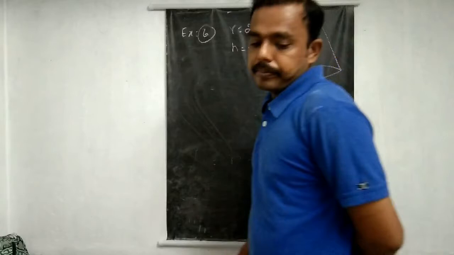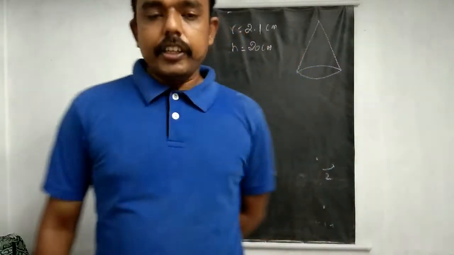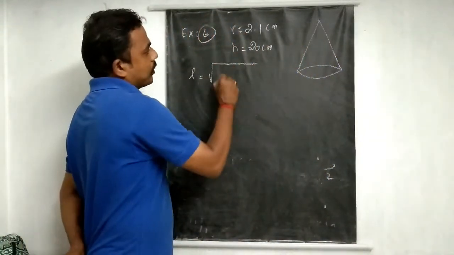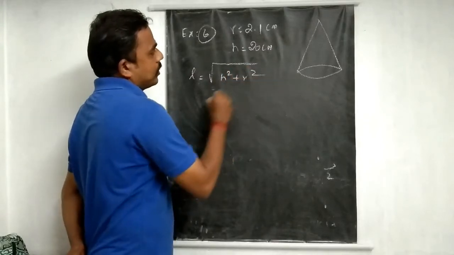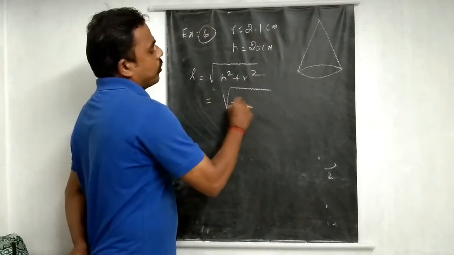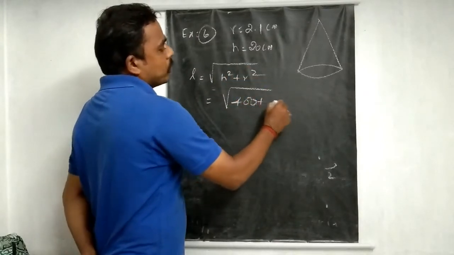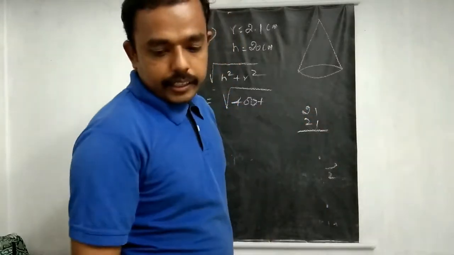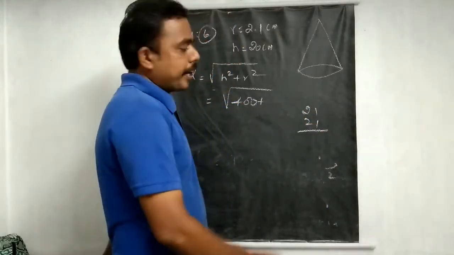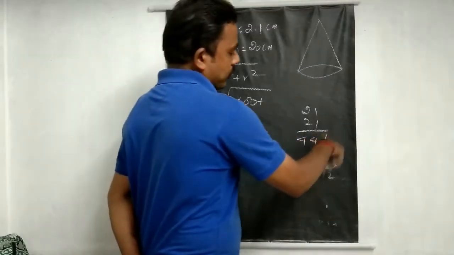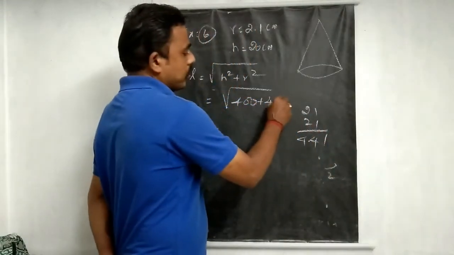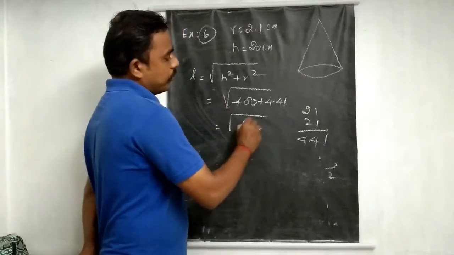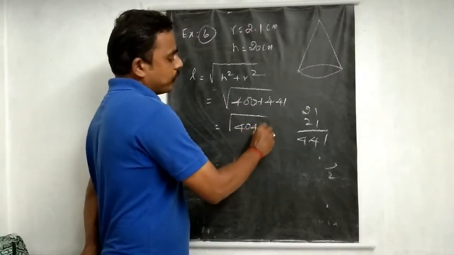This thing is given. So for that we need to find our L value. So L equals square root of h square plus r square. So square root of 400 plus 2.1 into 2.1, it's directly given, 4.41. So square root of 404.41.